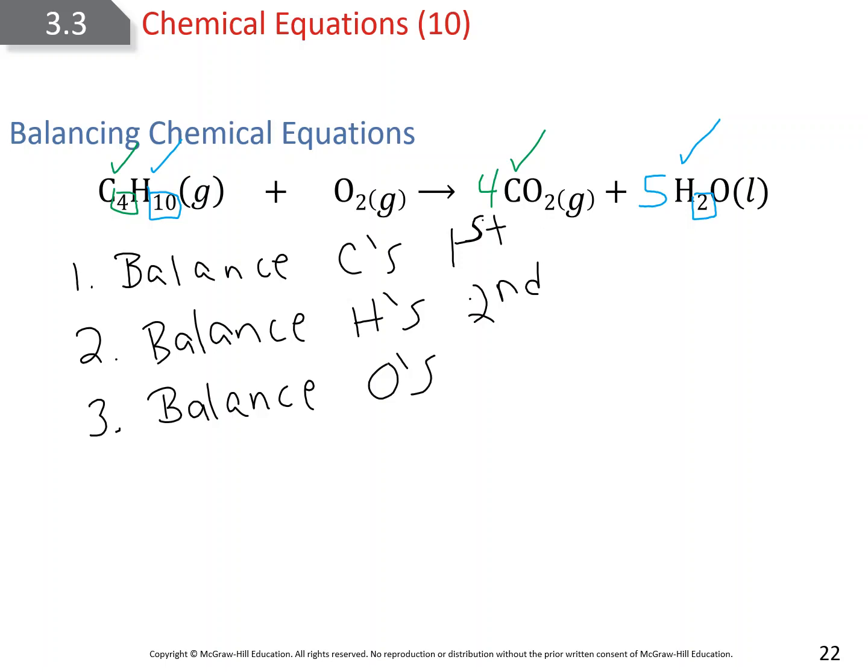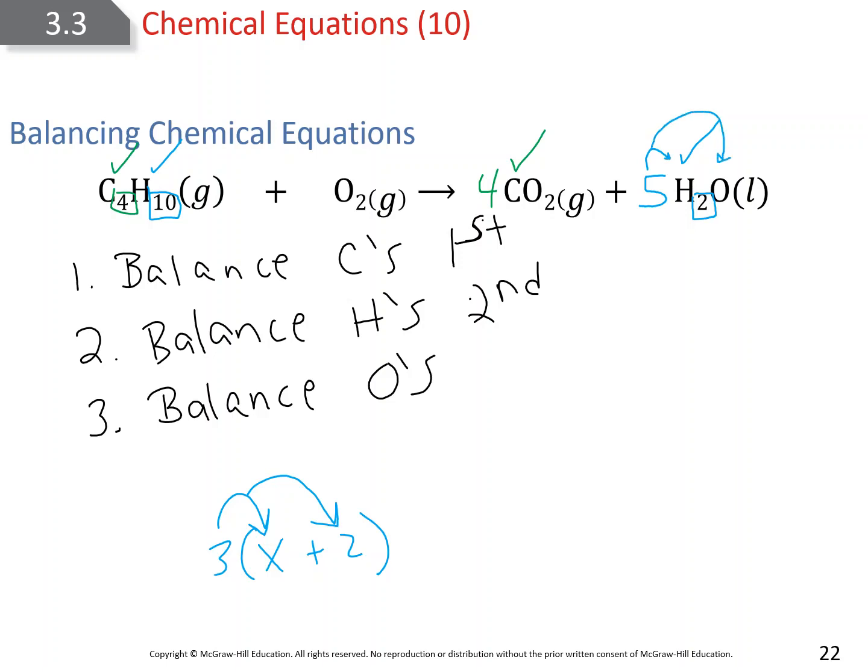Now, I want you to pay close attention to this. We put that 5 coefficient in front of the water. That gave us 10 hydrogens. Much like if we were to say, oh gosh, I don't know, 3 parentheses x plus 2. Much like that 3 applies to both the x and the 2, this 5 applies to both the hydrogen and the oxygen.